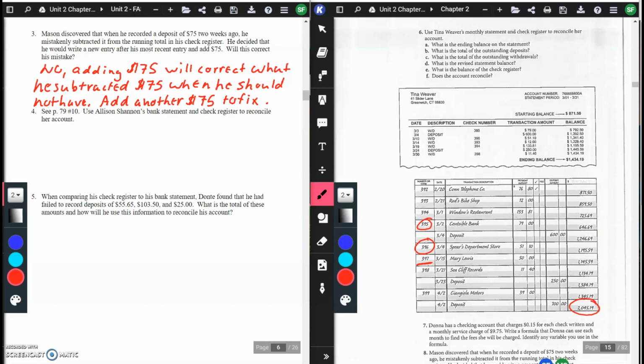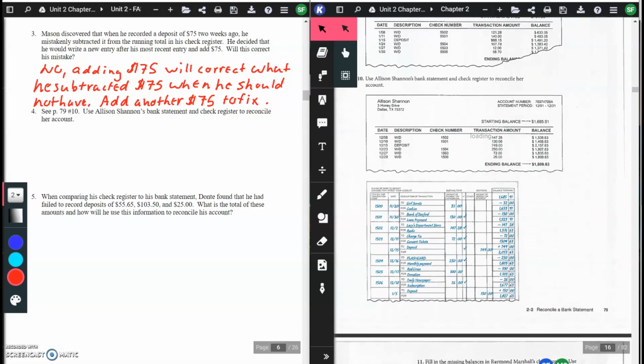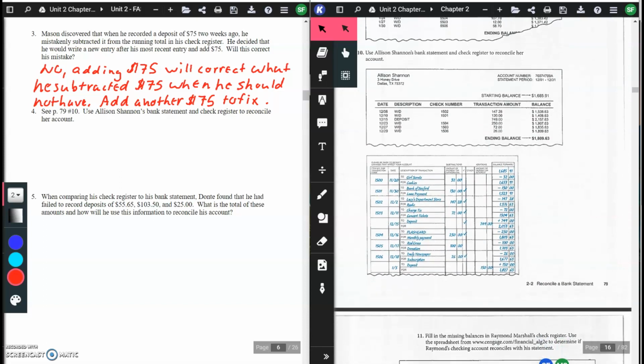All right, question 4. That reflects page 79, number 10, okay, which is over here to the right-hand side. Okay, it says use Allison's bank statement and check register to reconcile her account. Okay, so as of 12/31, if you look at her bank statement here, as of 12/31, which is the last one, her balance, okay, was $1,809.63.